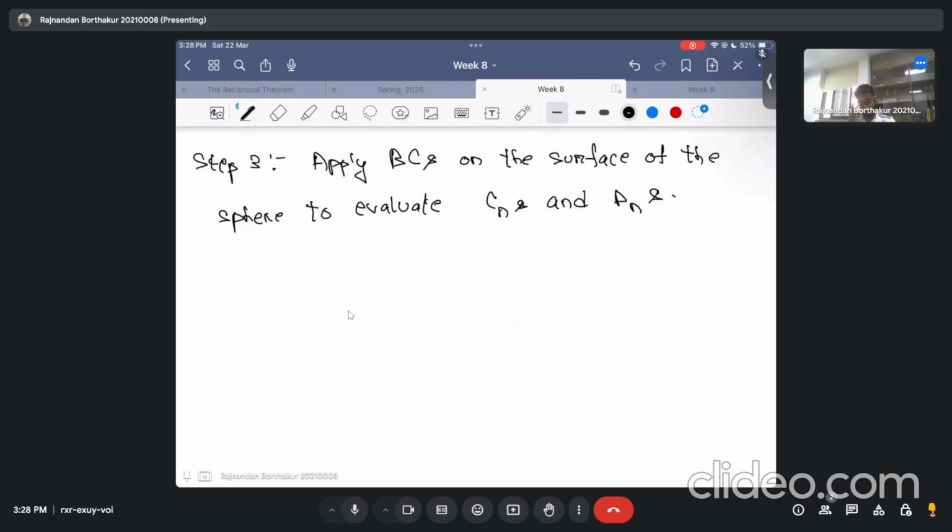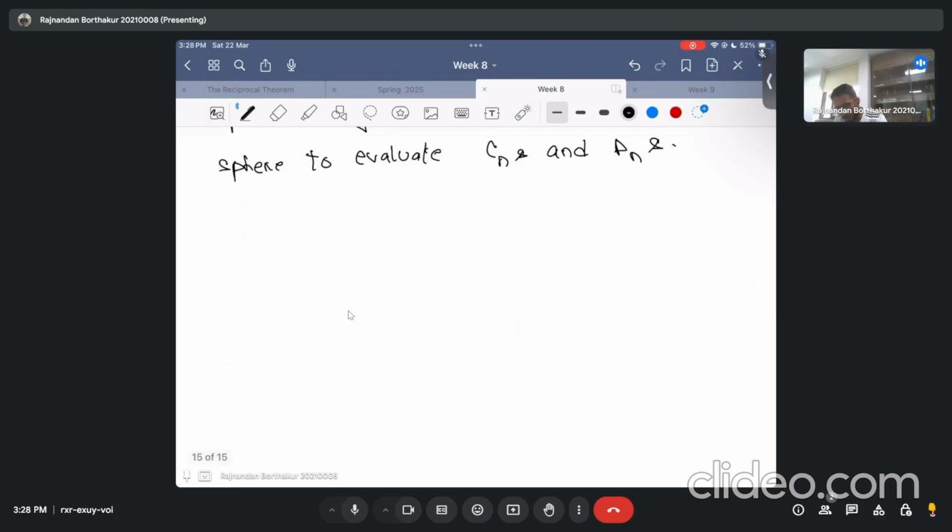Okay. All right. So, let's then apply the boundary conditions on the surface of the sphere. So what do we have? One boundary condition is the no penetration boundary condition, so my UR, that is the total velocity field at R equal to 1, is equal to 0.